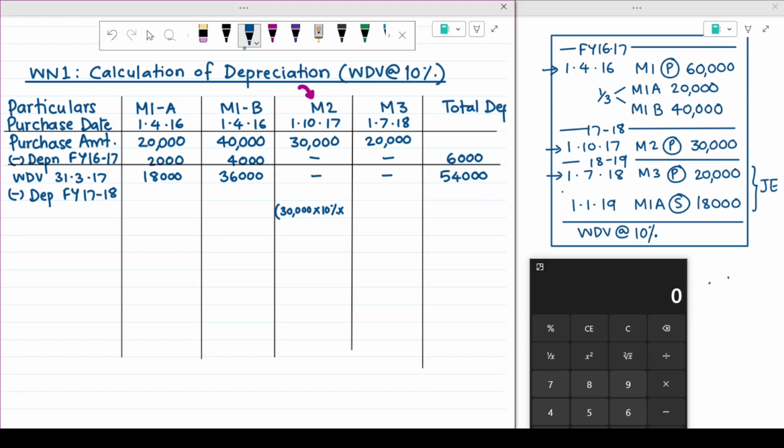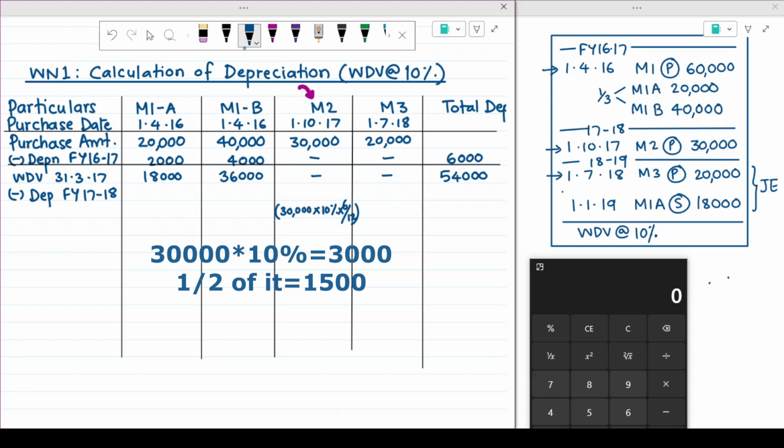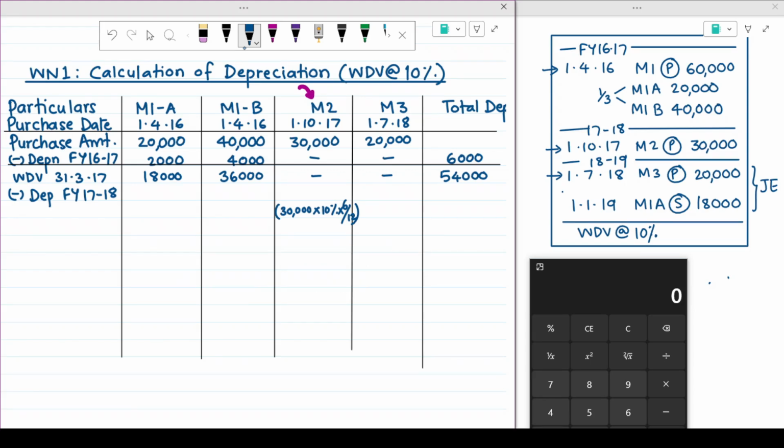That is for 6 months. So 30,000 into 10% is 3,000, and into 6 divided by 12, that is half, will be 1500. This machine was not purchased yet, and since this is WDV, we'll do the 10% calculation on 18,000. That will be 1800, and 36,000 will be 3600.